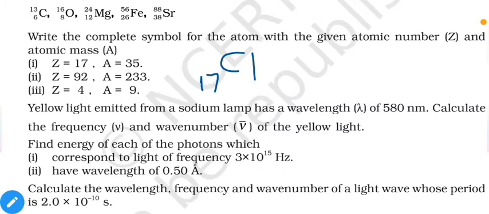Here we have to place the atomic number, which is 17, and at the top side we have to represent the atomic mass, which is 35 for the given example. You can use the periodic table if required. For example, in case of Z equal to 92, you may require the periodic table, so you can use it and find the answer yourself.